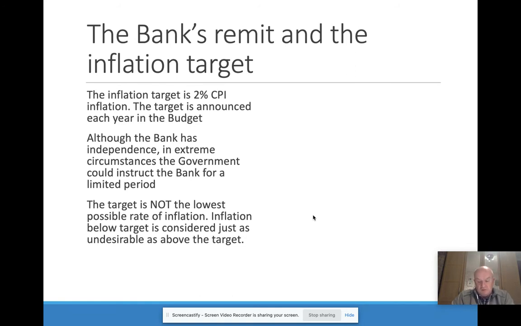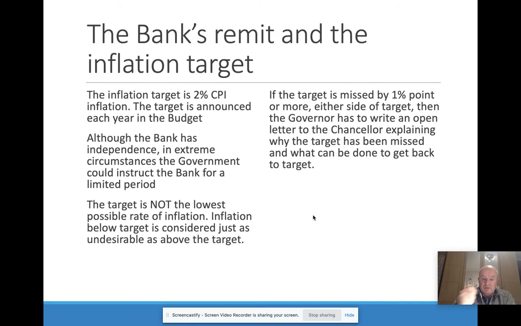And clearly, that's not something that anybody wants in the scenarios that we find ourselves in at the moment. So, if the target is missed by 1 percentage point or more on either side, the governor of the Bank of England has to write to the Chancellor explaining why the target's been missed and what they're going to do about getting it back to target.